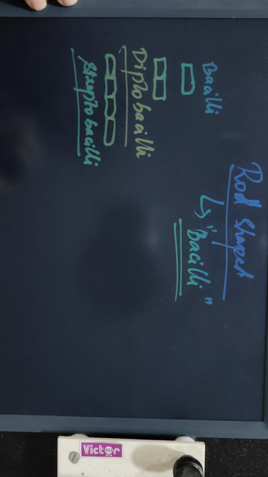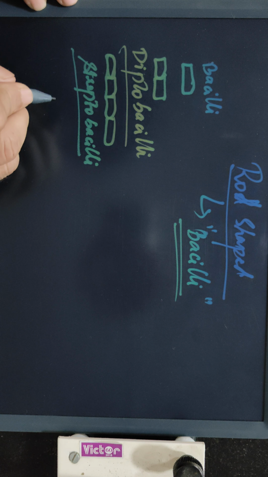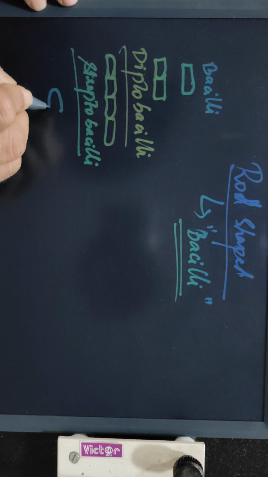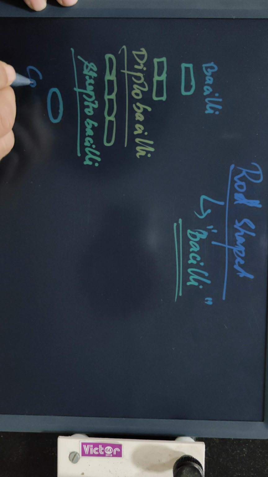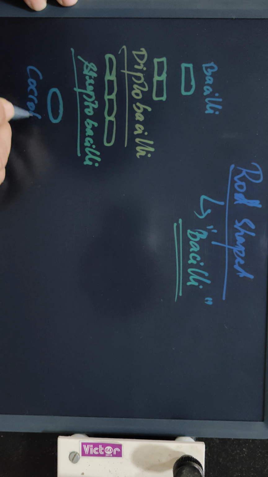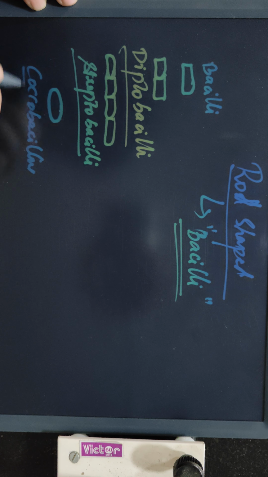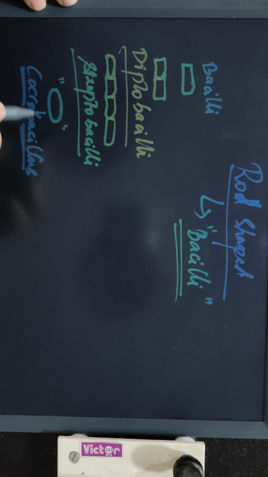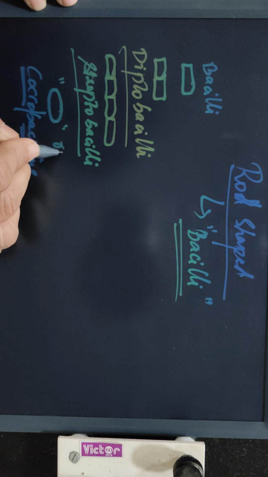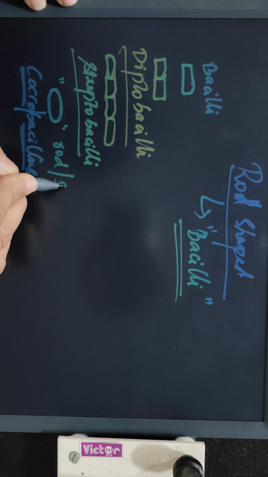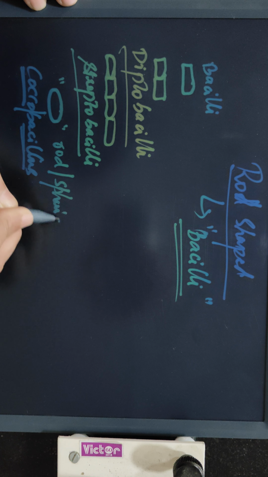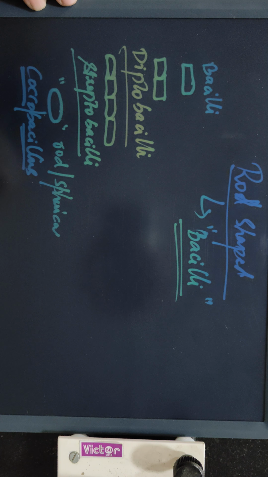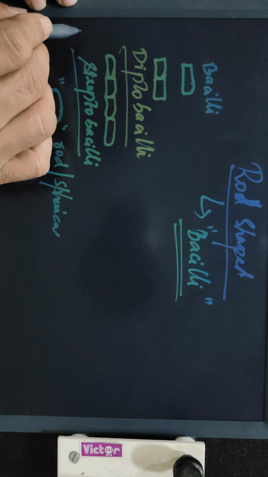And here you have a special kind of shape which is called cocobacilli or cocobacillus, which has the characteristics of coccus as well as bacillus. So it is called cocobacillus, where it is neither rod nor oval or spherical. It's in the middle, so it is called cocobacillus.